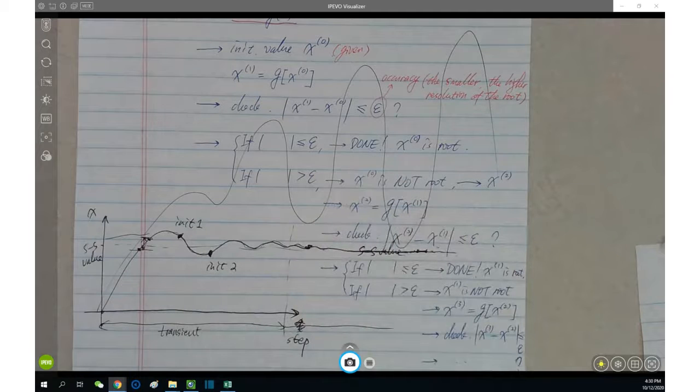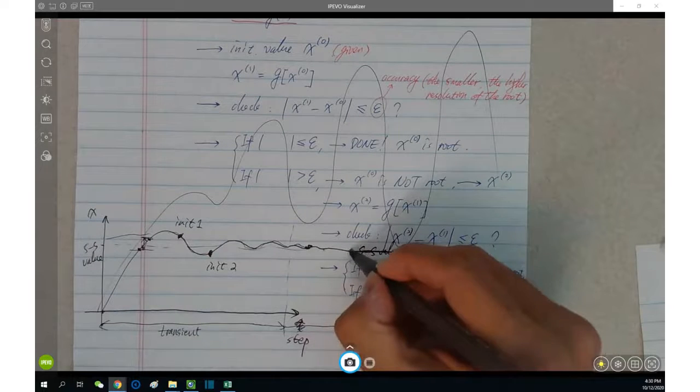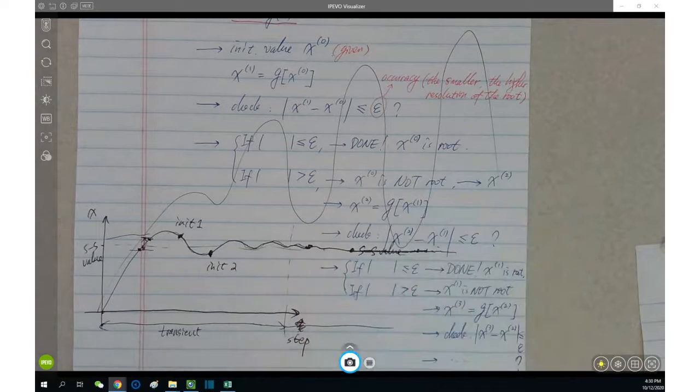Like you said, if you have enough luck to win the jackpot, your initial value is right here. It won't happen in the exam, I guarantee you that. But in real life, maybe you have a chance, which is again almost impossible.